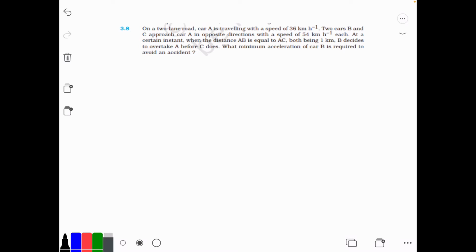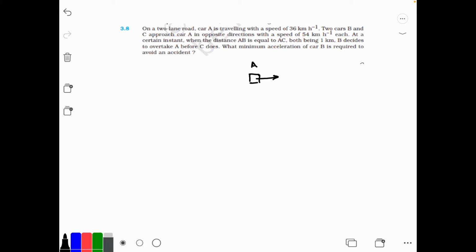Let me first draw the graph. What is the situation in this case? So this is the car A and it is moving in this direction, and the speed of this car A is 36 km per hour.